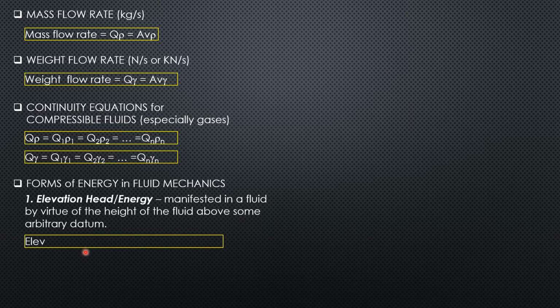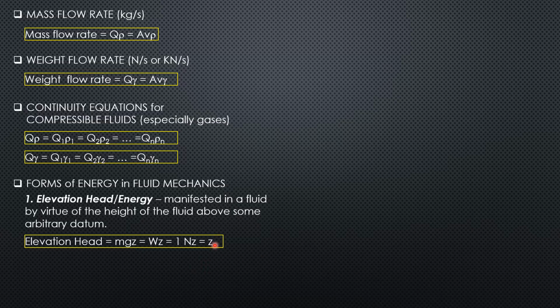So it is equal to weight times Z, or mgz, just like potential energy in physics. So W times Z. However, in fluid mechanics, W is taken as 1 Newton. So therefore, it results to just Z. The original unit of elevation head is supposedly Newton meter per Newton of fluid flowing.